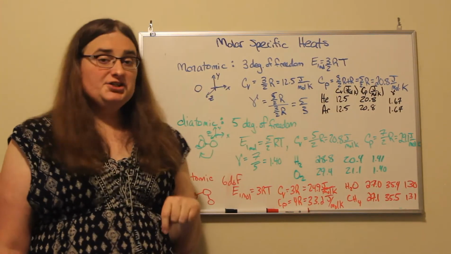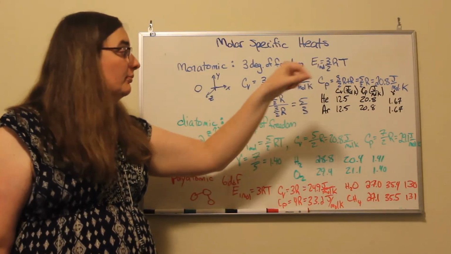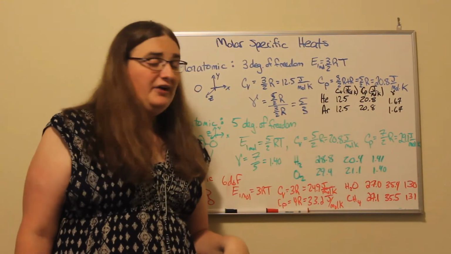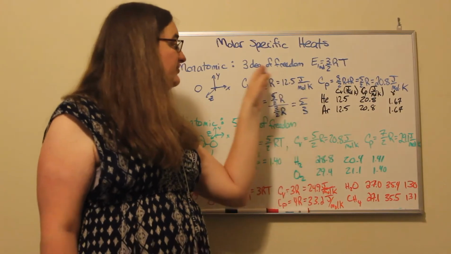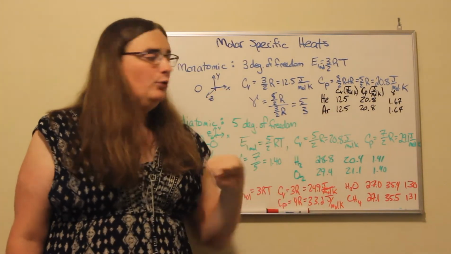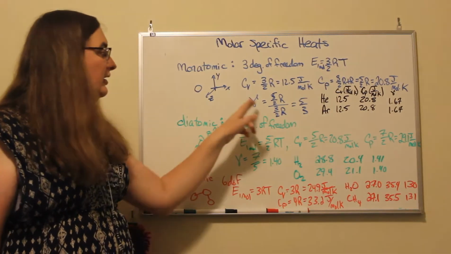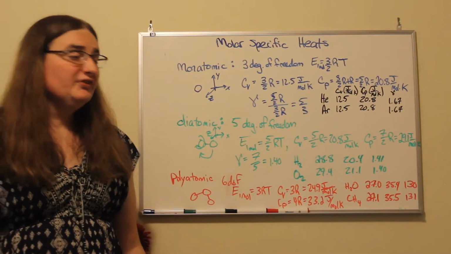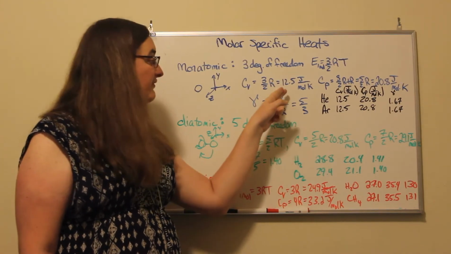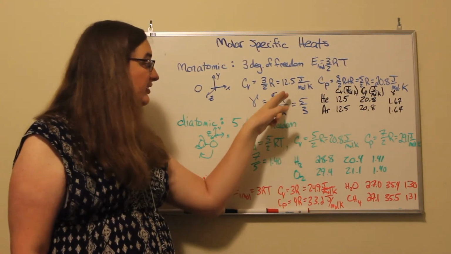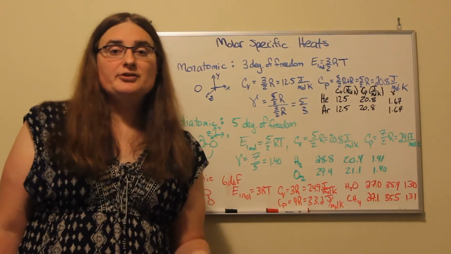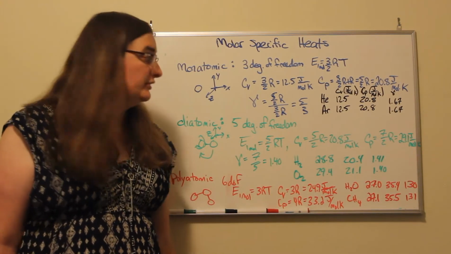Our constant pressure heat capacity should be R more than that, so 3/2 R plus R is 5/2 R. 5/2 times 8.31 joules per mole Kelvin is 20.8 joules per mole Kelvin, and we'd expect our ratio of specific heats, C sub P over C sub V, 5/2 R over 3/2 R, R over 2 cancels, we'd get a ratio of 5/3 or 1.67.